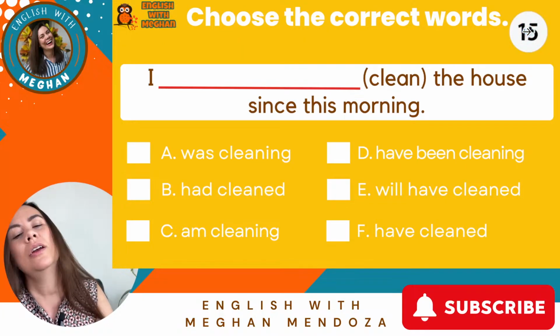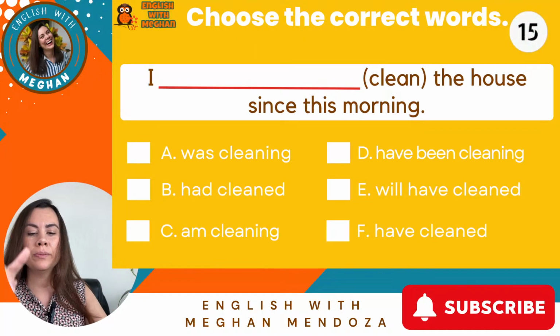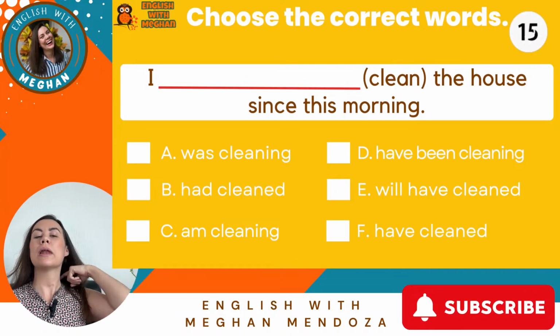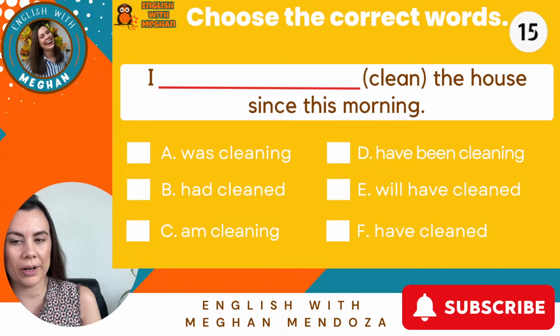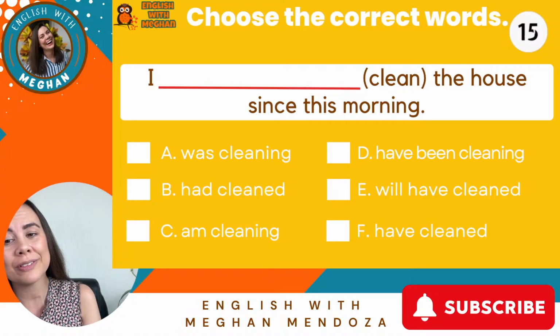Continuing on. All right. Next one here. I blah, blah, blah cleaned the house since this morning. Was cleaning, had cleaned, am cleaning, have been cleaning, will have cleaned.